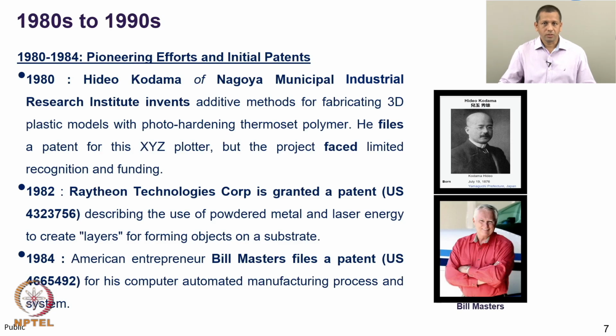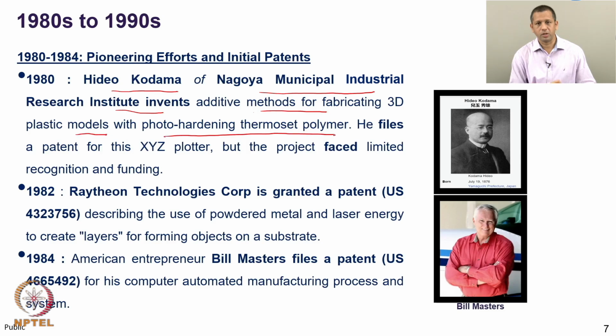1980 to 84 was the period where some of the pioneering and fundamental work towards the development of additive manufacturing happened. In 1980, Hideo Kodama of Nagoya Municipal Industrial Research Institute invented additive methods for fabricating 3D plastic models using photo-hardening thermoset polymers. He filed a patent for a device called the XYZ plotter but could not gather enough support.